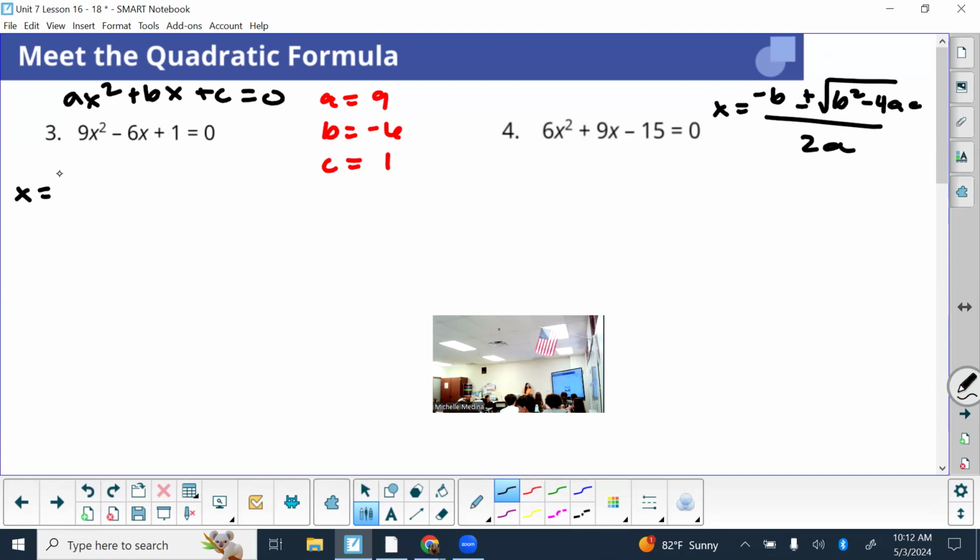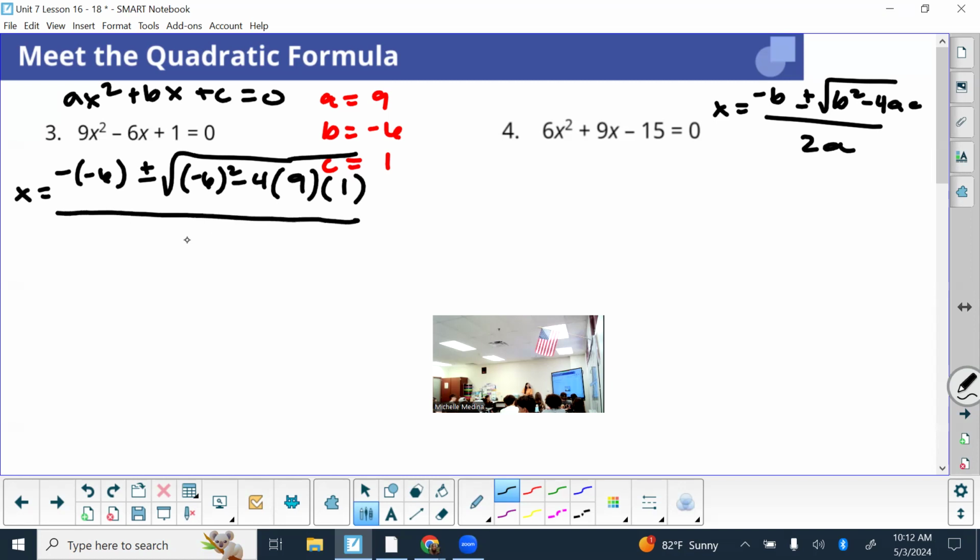So I have -6 plus or minus the square root of -6 squared minus 4 times 9 times 1. All of this under the root symbol. All of this over 2 times A.